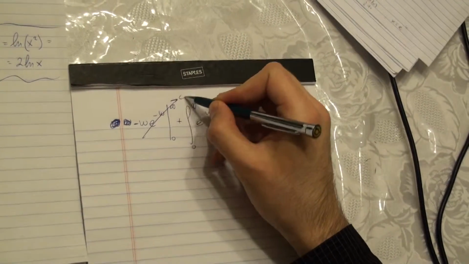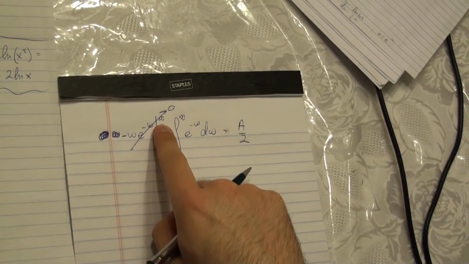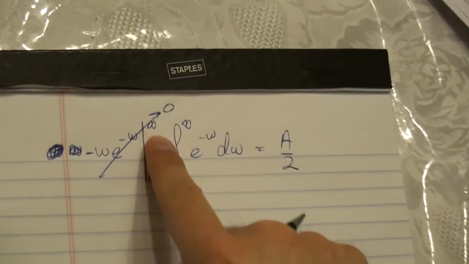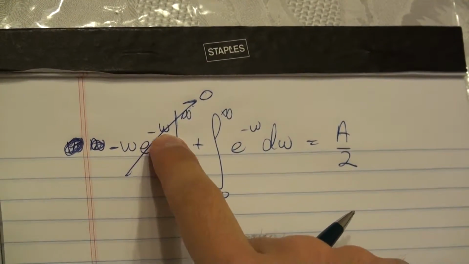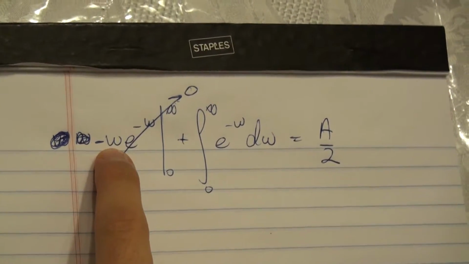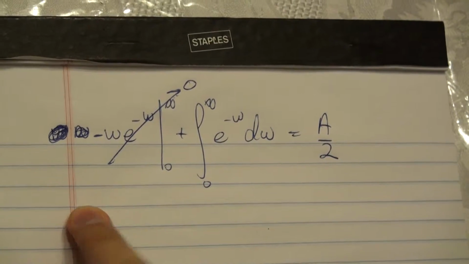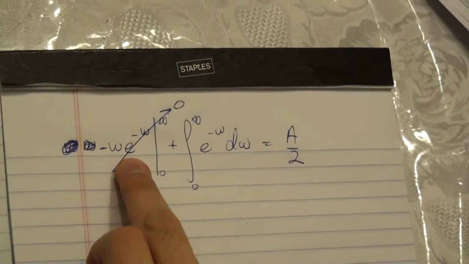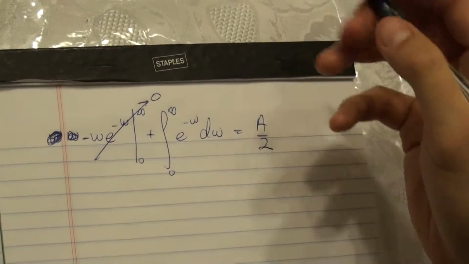This goes to 0 because for the first thing we have infinity, right? But e to the minus infinity goes faster to 0 than w goes to infinity. So the first part of the evaluation is 0, and then e to the minus 0 is 1, but w is 0, so it just gets 0.